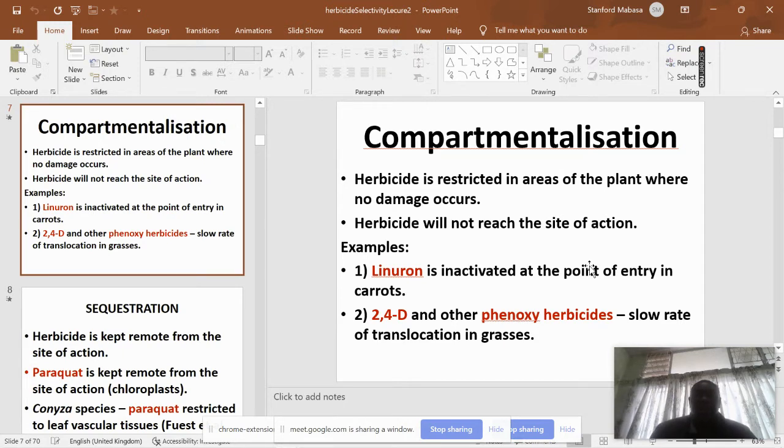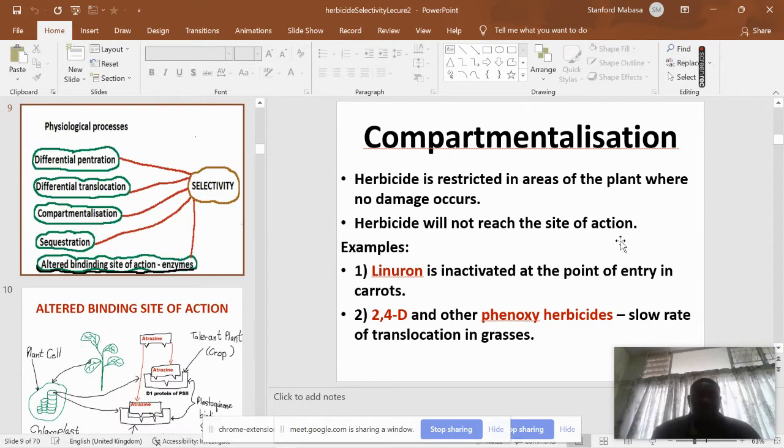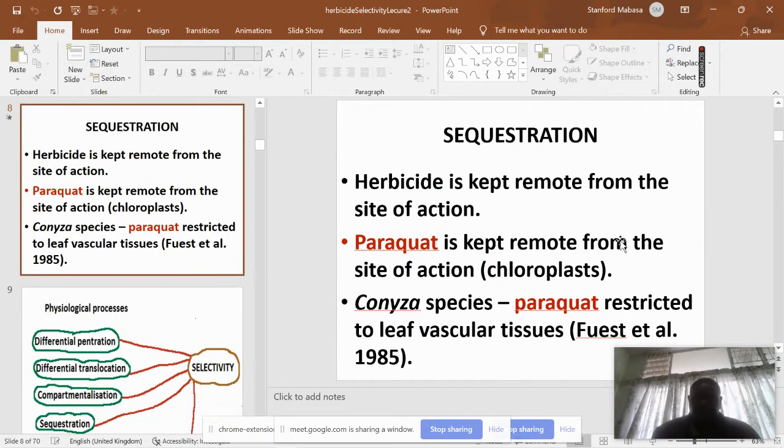This could again be restricted movement due to compartmentalization, or the herbicide is restricted in certain areas. Another restriction, which looks like compartmentalization, is known as sequestration, but this applies to paraquat.